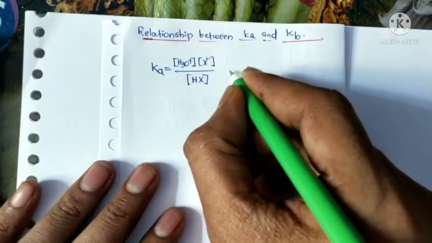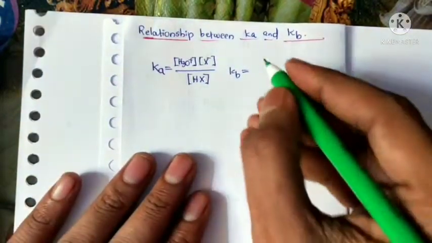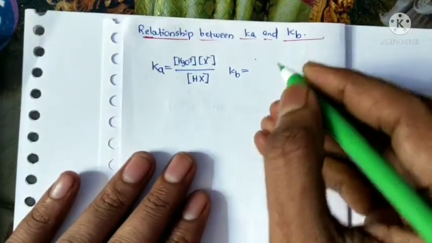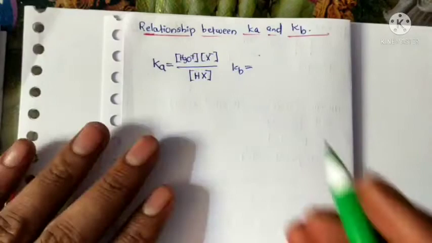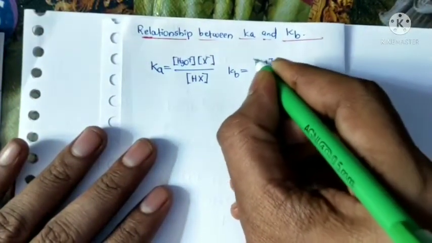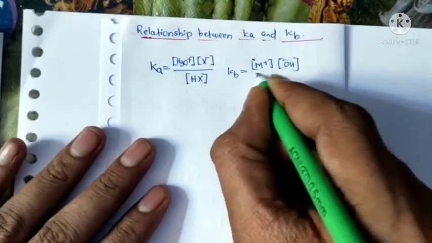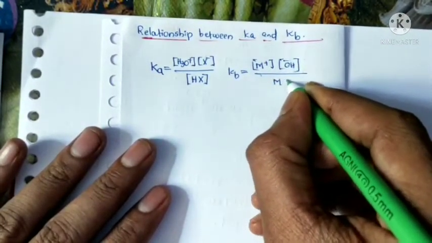As well as for a weak base, Kb equals the concentration of M+ ions and the concentration of OH- ions, divided by the concentration of MOH.